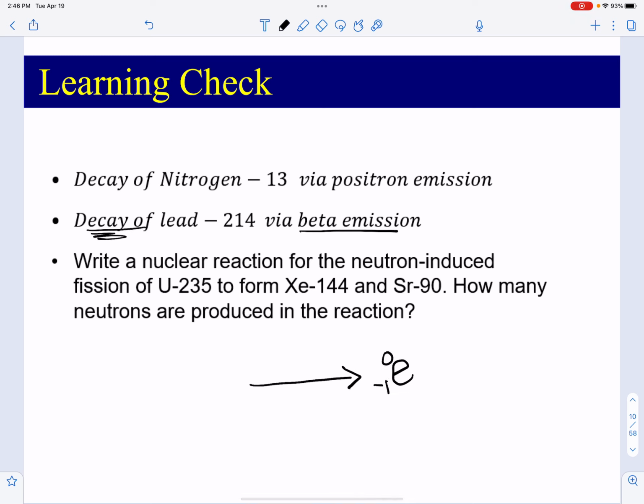And what is decaying? Lead. Lead is decaying, and it's lead 214. So lead 214, and lead's atomic number is, let's see, I cannot see it from here. Let me pull out my periodic table. Just a second.